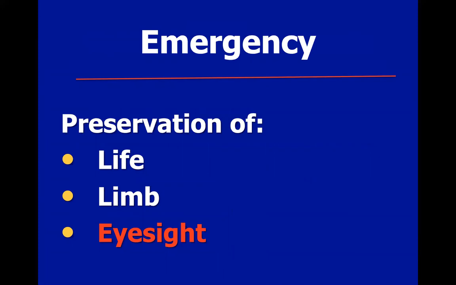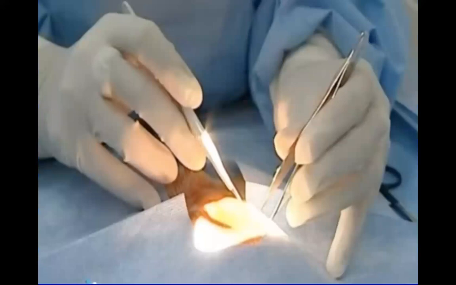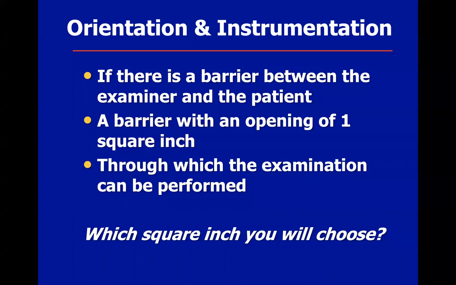So it tells you that eyesight is an important function among your organs. Usually as ophthalmologists, we are all surgeons. We are not just ophthalmologists, but ophthalmic surgeons. So if you ever choose to be an ophthalmologist, you do have to be a good surgeon.